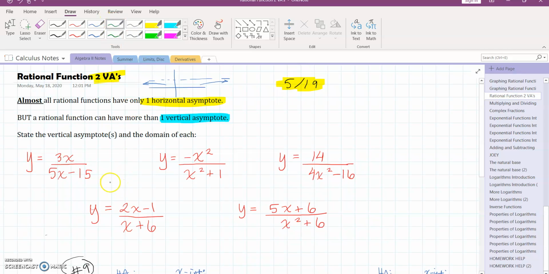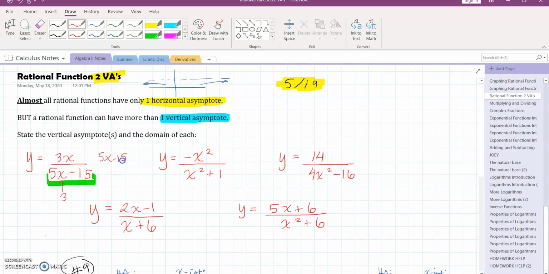So I want to show you some different ways that you can have different kinds of vertical asymptotes. It's not always just one vertical asymptote. So for a vertical asymptote, remember, you want to think, what would make me divide by 0? So what would make this denominator be 0? Now you might be able to look at this and say, oh, if I plug 3 in, then 5 times 3 is 15, minus 15 is 0.